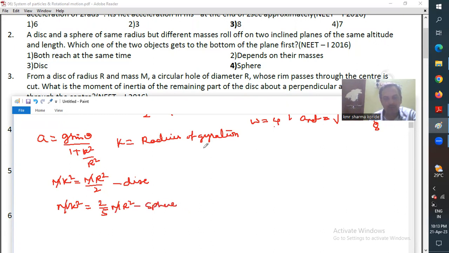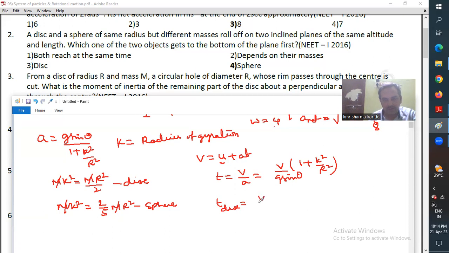So therefore, making use of v is equal to u plus at, in case we treat starting from rest, t is equal to v by a. The expression of acceleration is this, so t is v by g sin theta, and the denominator quantity will go up, 1 plus K square by R square. So if we substitute for t disk, therefore v by g sin theta will continue.